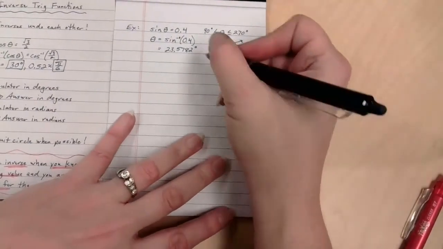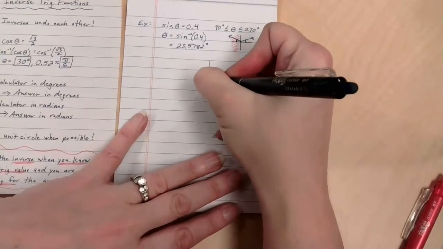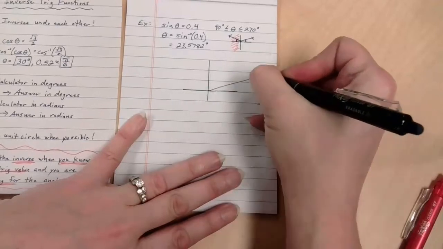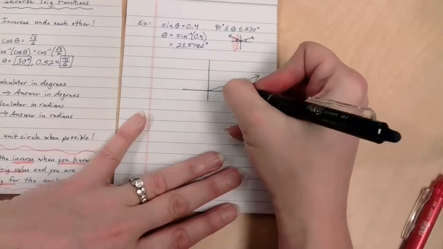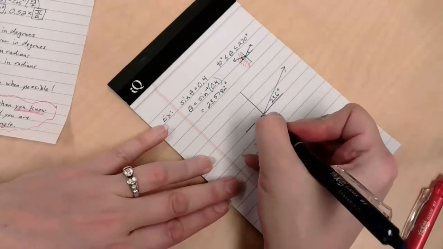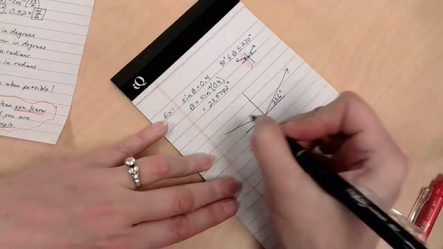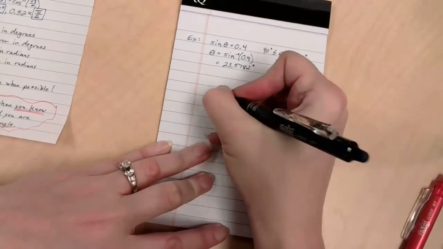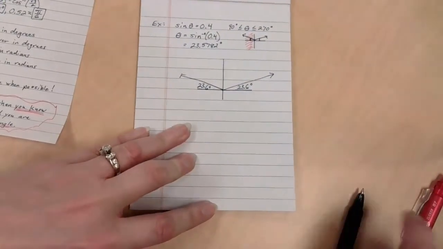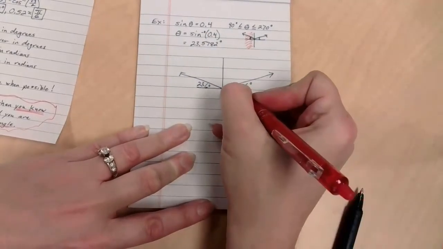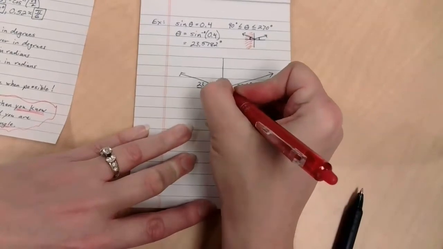You know what? Humor me. I'm going to draw this a little bit bigger. If this is 23.6, I'm looking for something that has a reference angle over here of 23.6. That angle would start at my initial side, the positive x-axis, and come around to here.